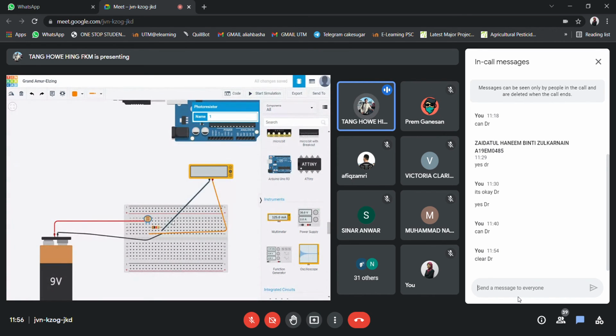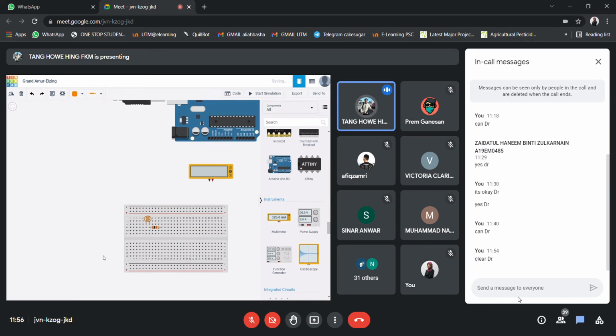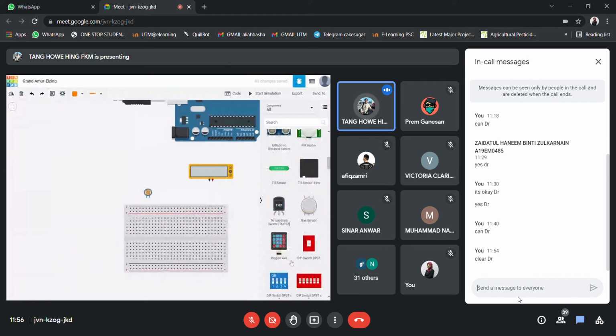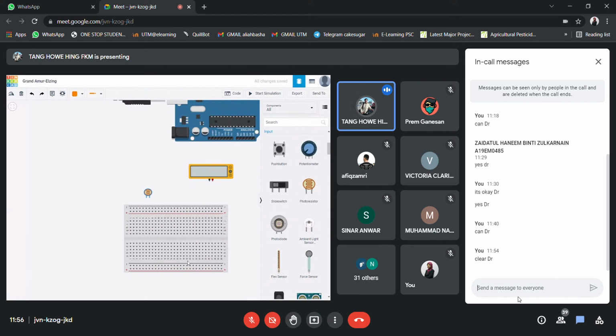So now I'm going to move on with something which is more related to your project later. That is how to use a Wheatstone bridge. But of course, for the strain gauge, you are going to use the Wheatstone bridge in a more advanced and more extensive way compared to this one.